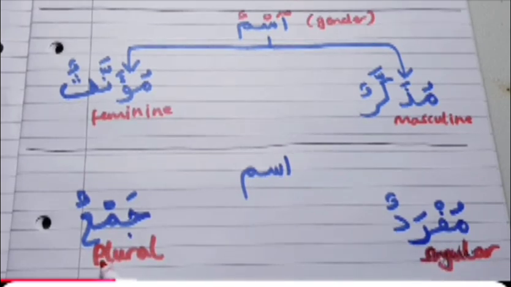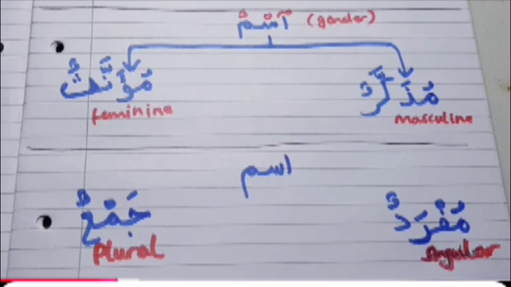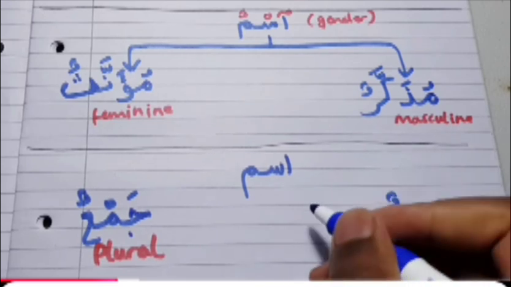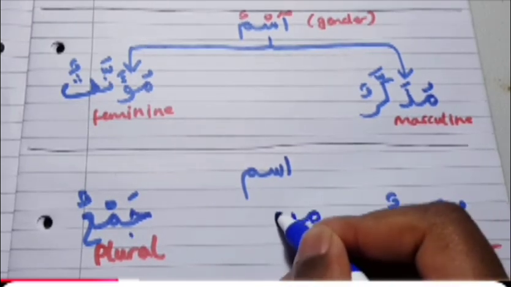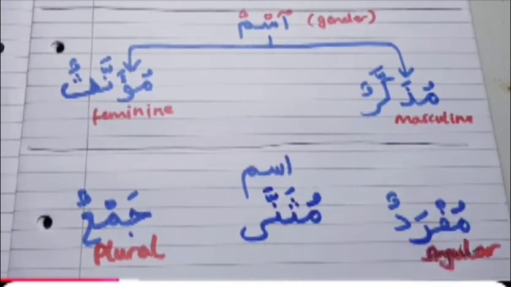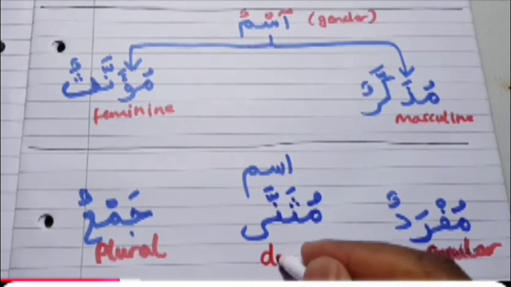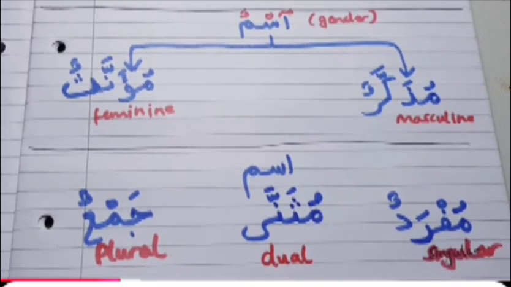However, in the Arabic language, we have something which comes between mufrad and jam', and that is muthanna. Muthanna indicates two.